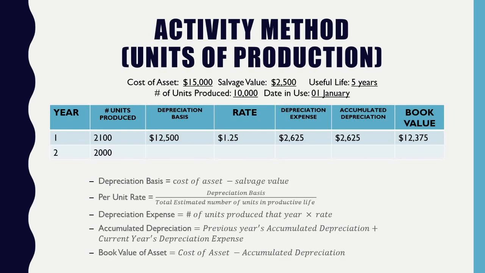Now let's go ahead and do this example right here. If, for my second year, I have a total of 2,000 units that were produced, what is going to be my depreciation basis, my per unit rate, and my expense, and the rest of the answers?